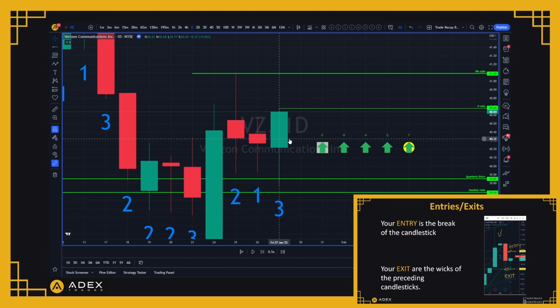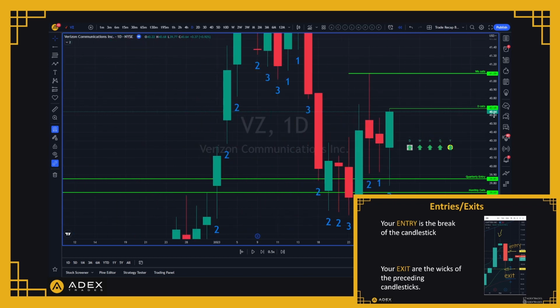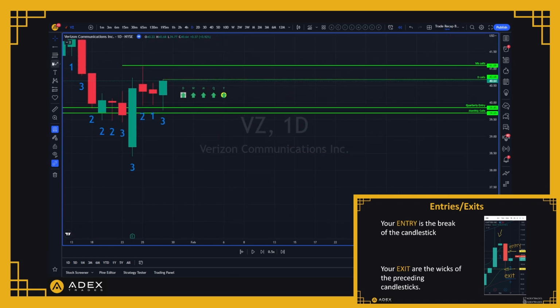Why do I have confluence that it's probably going to go 1-3-2 up? Because they're telling me that they've been buying Verizon on all the time frames: the daily, the weekly, the monthly, the quarterly, and the yearly. I like to say, assume every retracement is a TTO back up when full time frame continuity is up. This is what FTFC means.